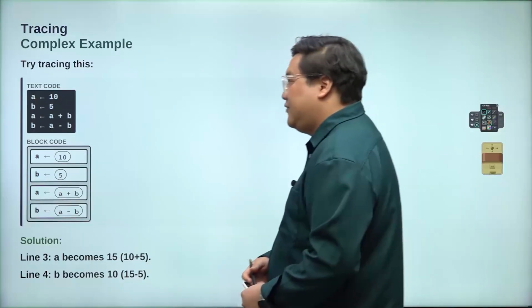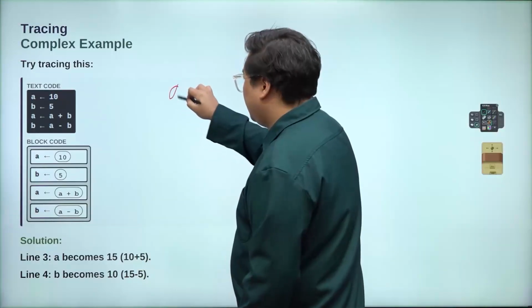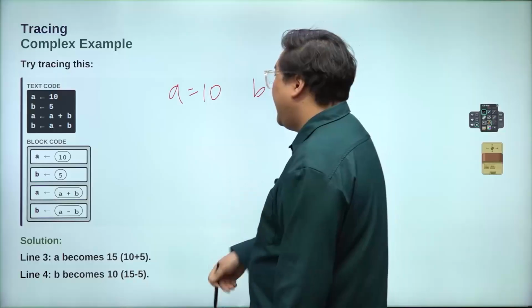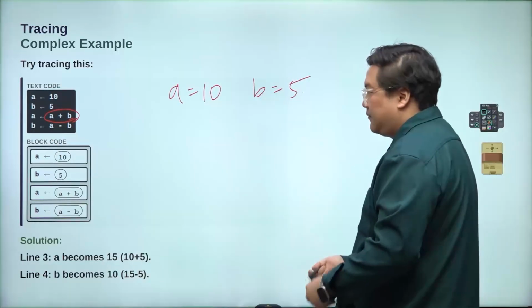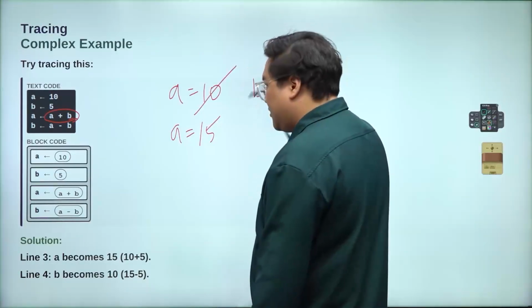And then something like this. You just go down in order, in sequence. So a equals 10, and then b equals 5, okay? And then a gets updated to the initial value of a plus b. So a becomes 15. This gets discarded, okay?